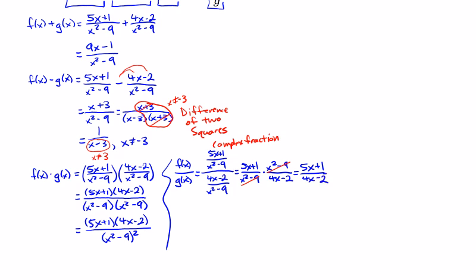But I have a similar concern that I did on the subtraction. So when I canceled out the x squared minus 9's, I canceled out the fact that x cannot be plus or minus 3. Because when I look at my equation, it just has 4x minus 2 in the denominator.